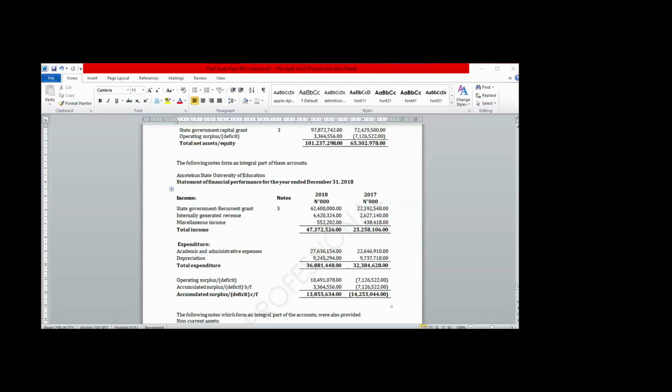When you are given 1 year, how do you prepare cash flow for 1 year, either using the direct or indirect method? What do you need to do? Is that clear? Please, can you show the Excel sheet again? I should show you the Excel sheet. Yes, sir, please. Okay, this is it.